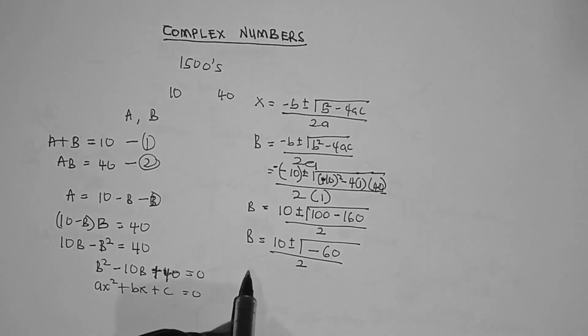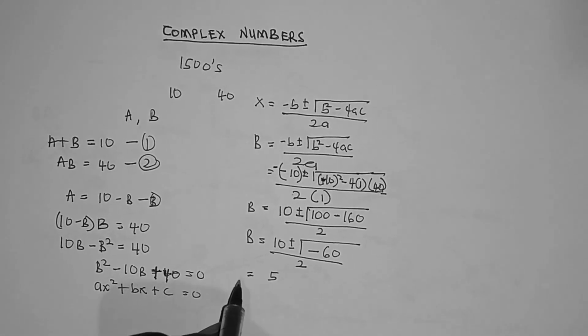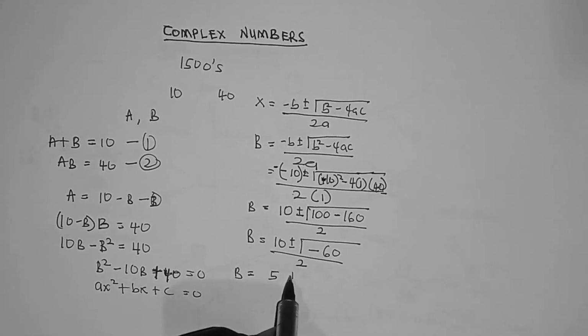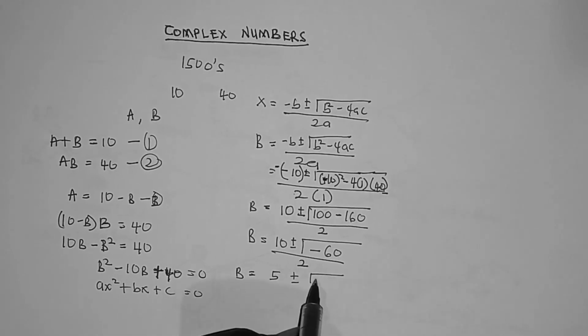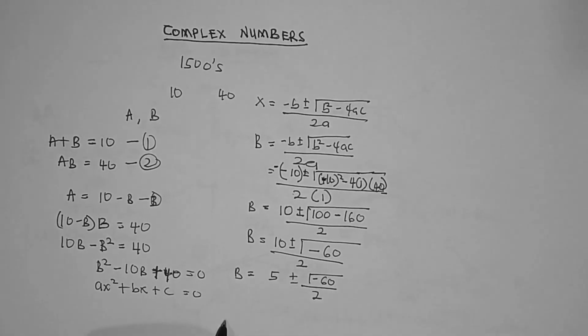If we divide 10 by 2, it's equal to 5. So B is equal to 5 plus or minus square root of minus 60 divided by 2.